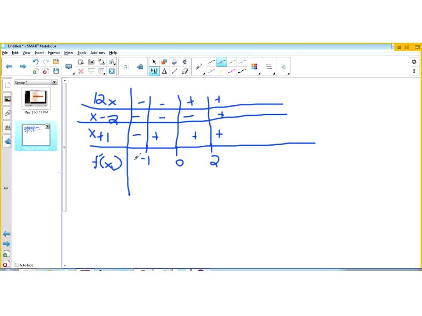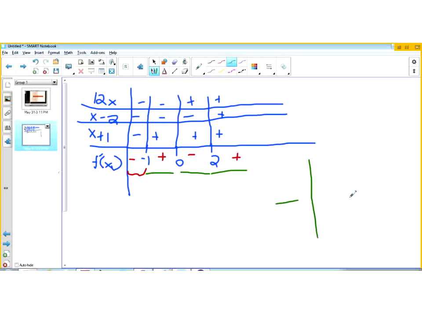Okay, and so the derivative is negative from -infinity to -1, positive from -1 to 0, negative from 0 to 2, and positive from 2 forward. So we would expect then that the function is decreasing from -infinity to -1, increasing from -1 to 0, decreasing from 0 to 2, and increasing from 2 forward.